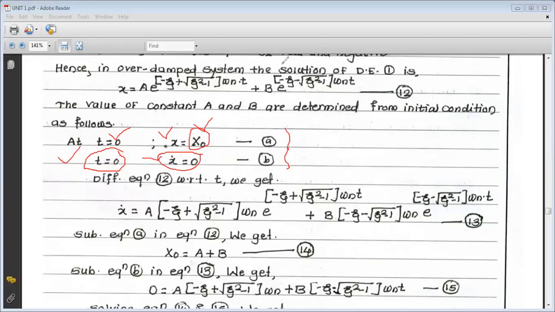Now this is equation number 12, the differential equation. We have to differentiate this equation with respect to t to get the velocity x dot.